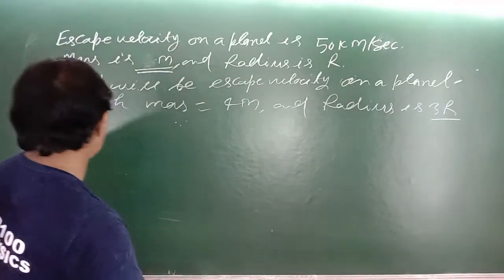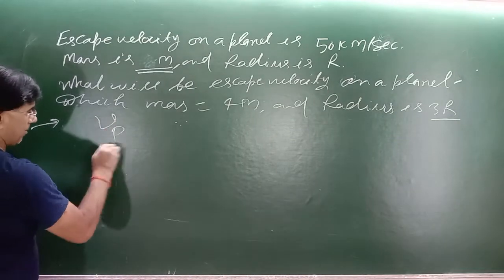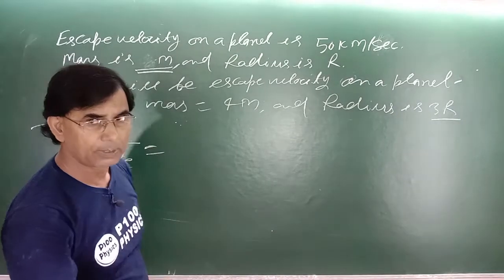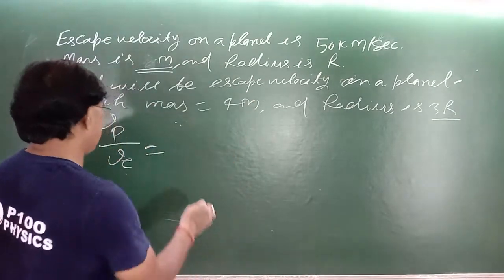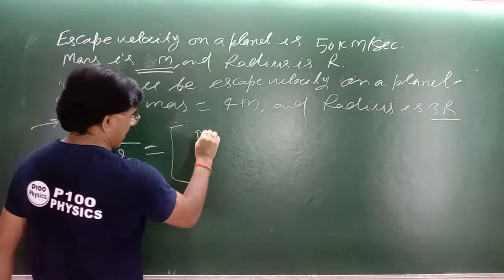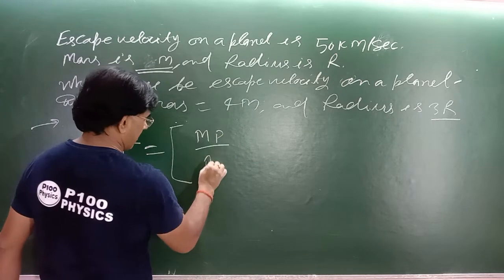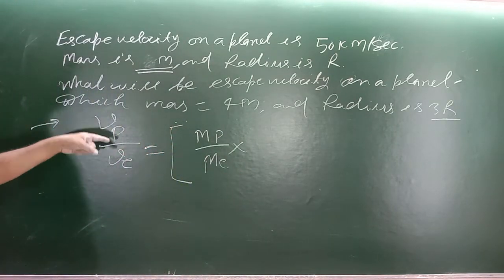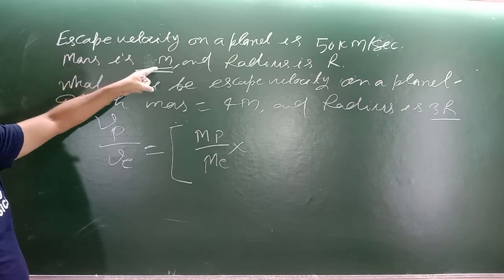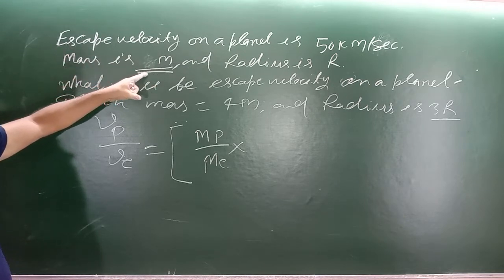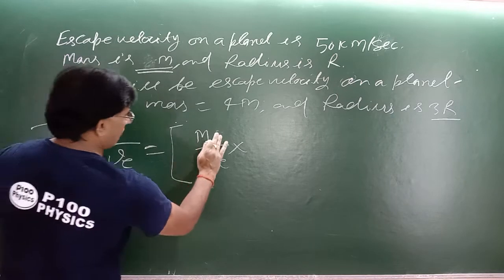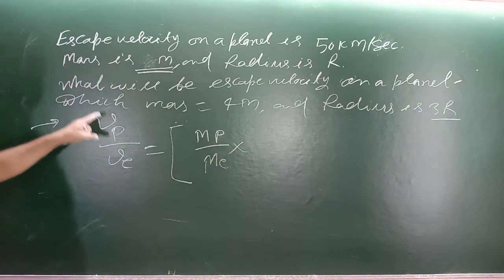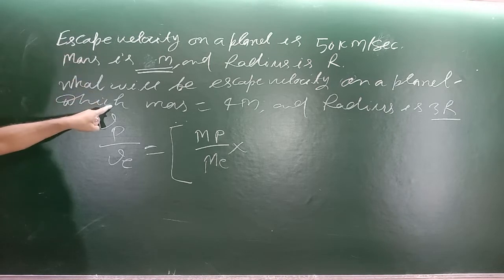Okay, you know Vp upon Ve equal to how much? Ve is directly proportional to root of M and inversely proportional to root of r. Let us consider the first is taken as Earth and the second is taken as the planet.